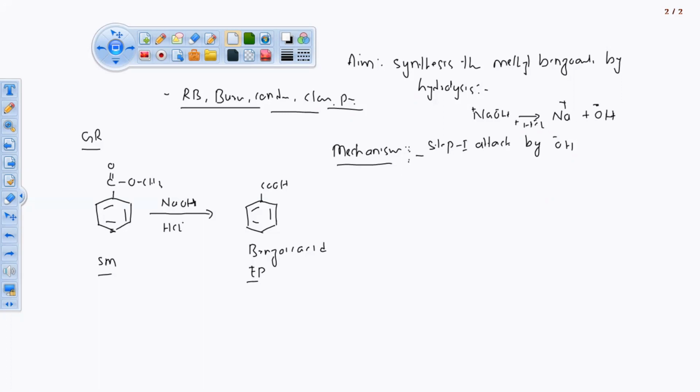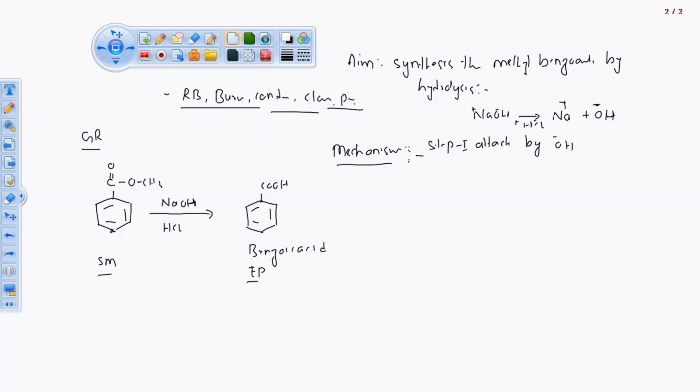So whenever down the arrow mark, if any kind of acids were there, they are not going to interact with this catalyst. First of all, the bond in the catalyst will get broken. When the bond in the catalyst gets broken, sodium will convert into a positively charged ion, and this will convert into a negatively charged ion.